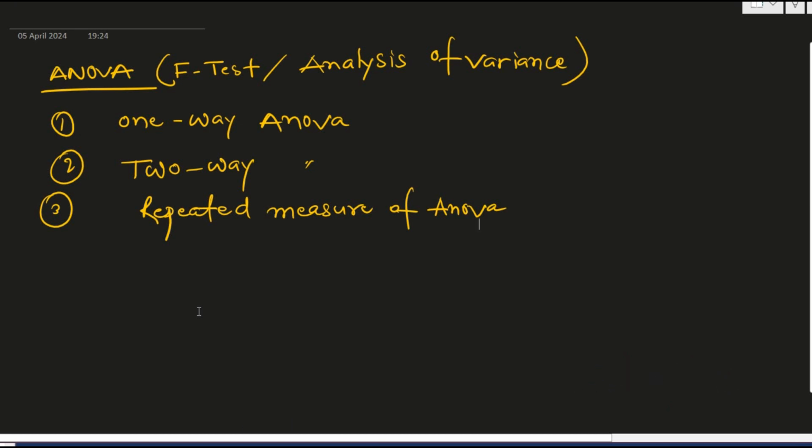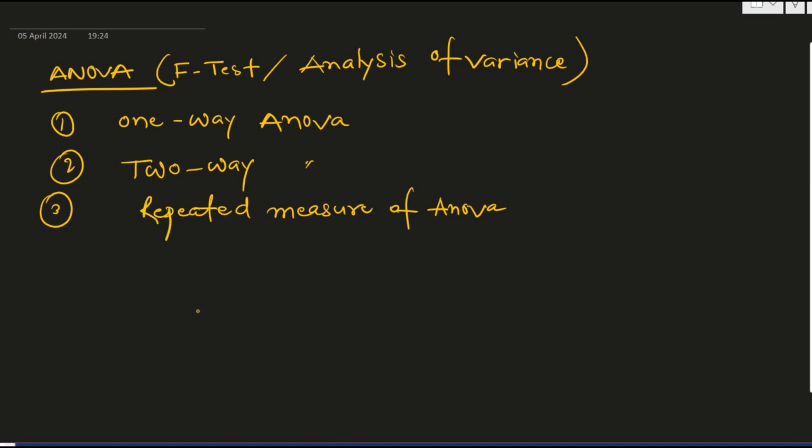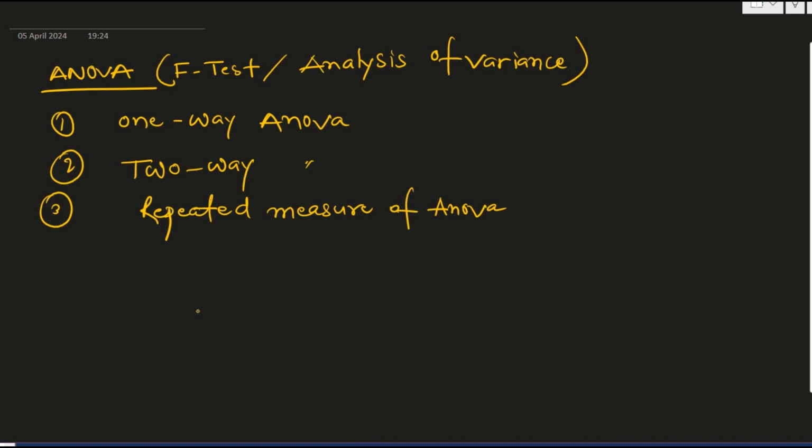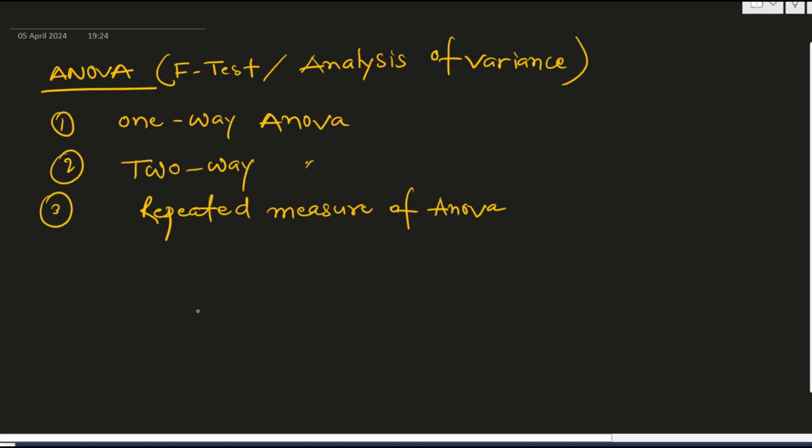So basically, one-way ANOVA. In one-way ANOVA, we compare the means of three or more independent groups on a single continuous outcome variable. For example, let us take the mean exam score of students from three different schools.